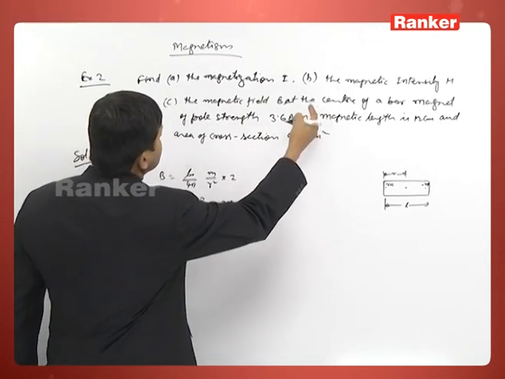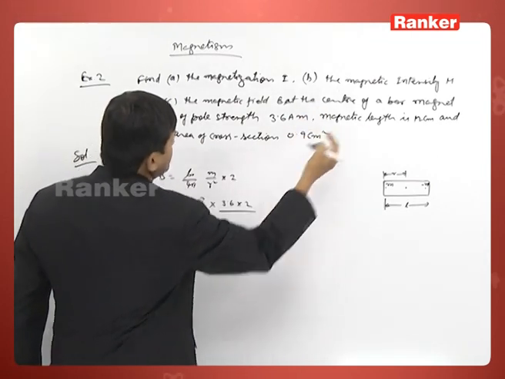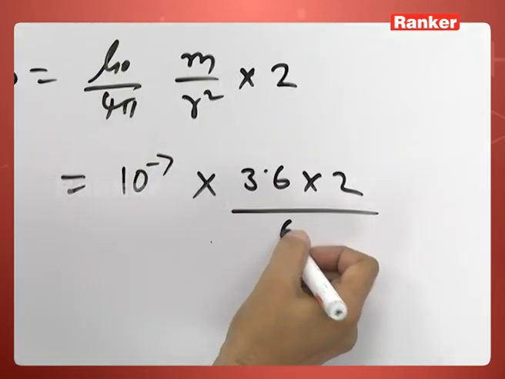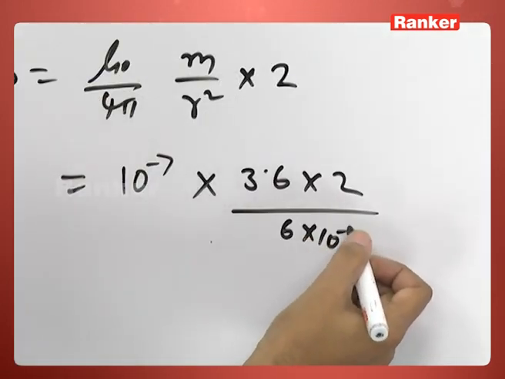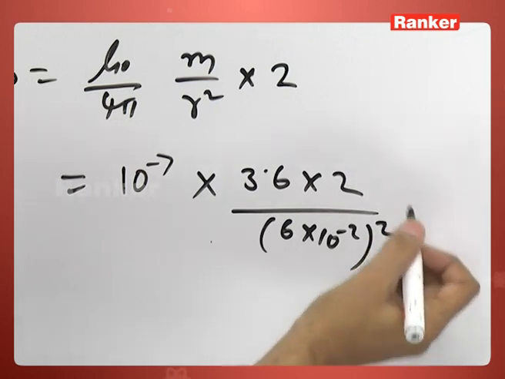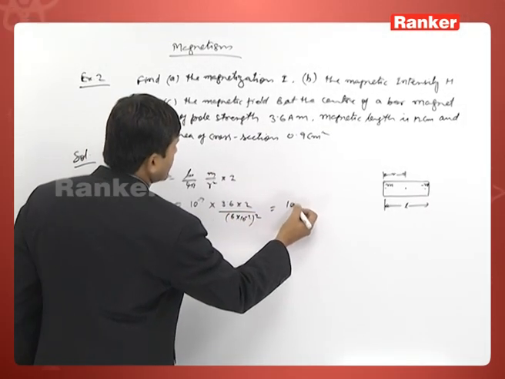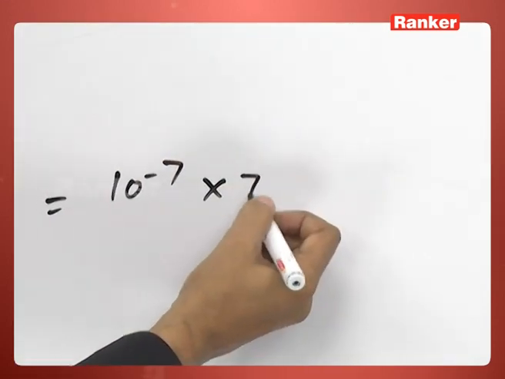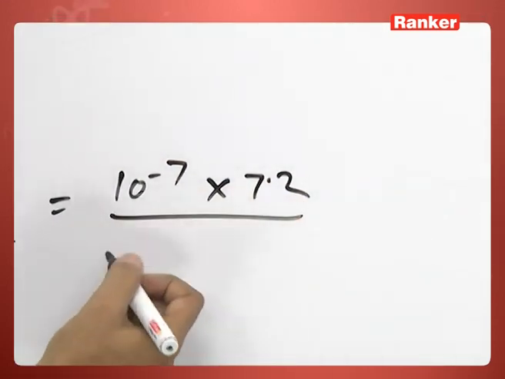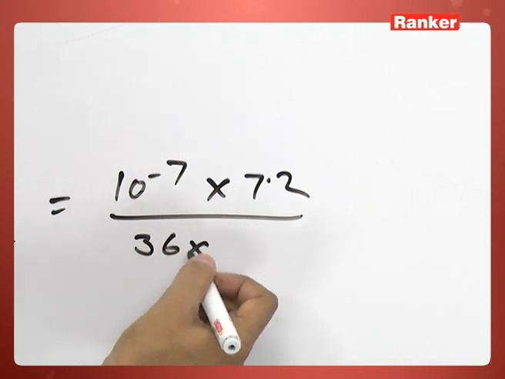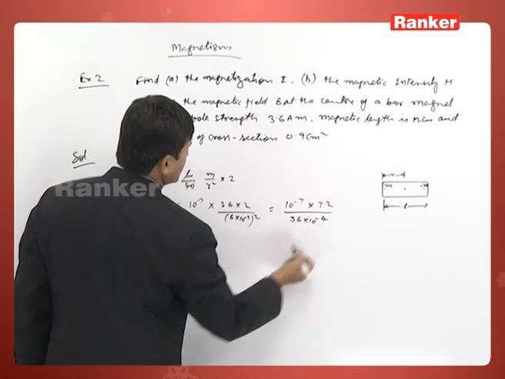L is here the length of 12 centimeter, so that is 6 centimeter, 6 into 10 power minus 2 whole square. Now we can simplify this. 10 power minus 7 into 7.2 by 36 into 10 power minus 4.